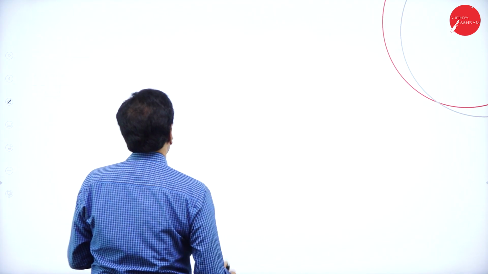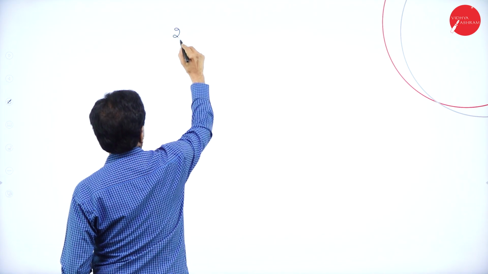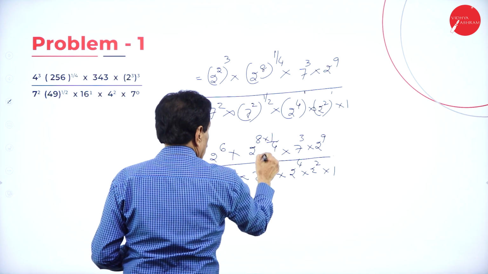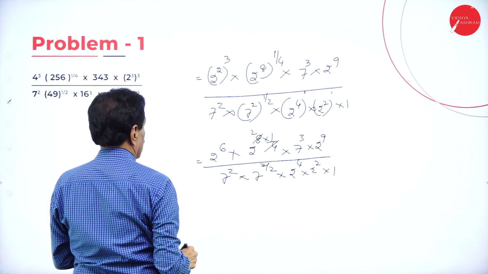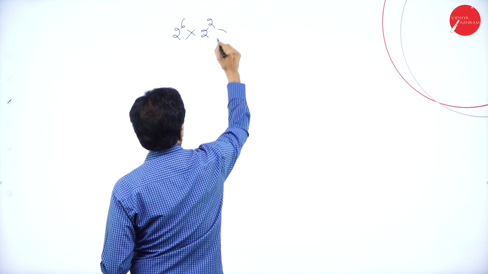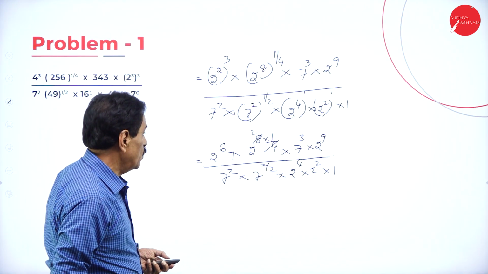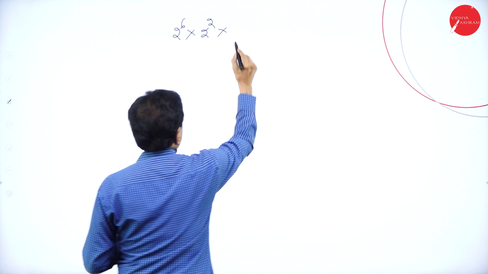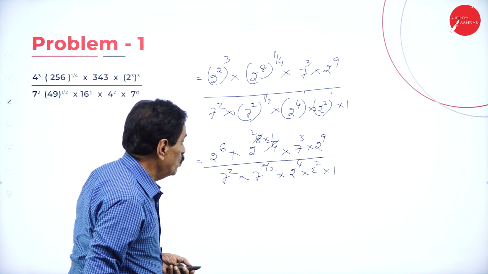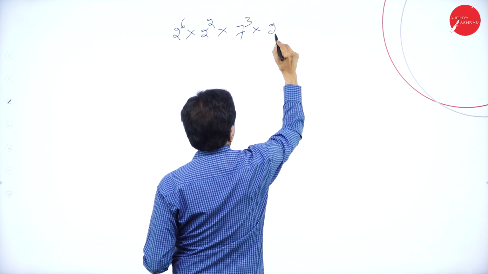We'll go to the next one. This is 2 to the power of 6. This is 4 2s are 8. This is 2 to the power of 2 into 7 cube. Then 2 to the power of 9.